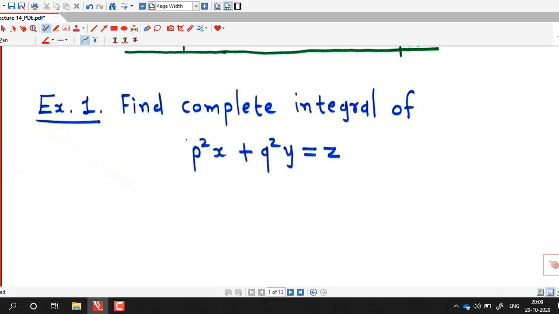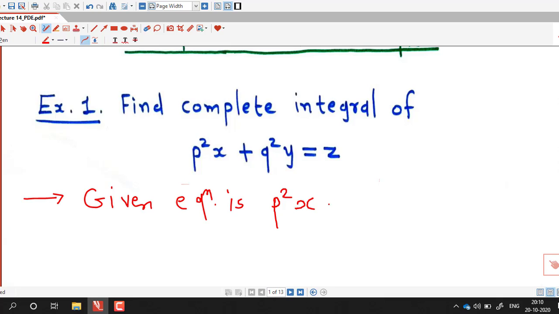Find the complete integral of p square x plus q square y equal to z. The first step in Charpit's method is to rewrite the given equation in such a way that all the non-zero terms are on one side.